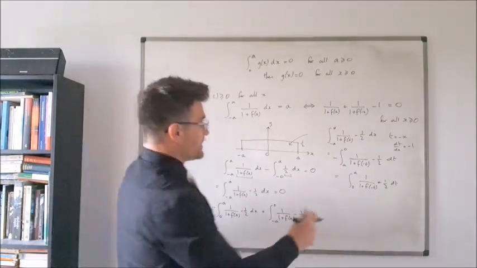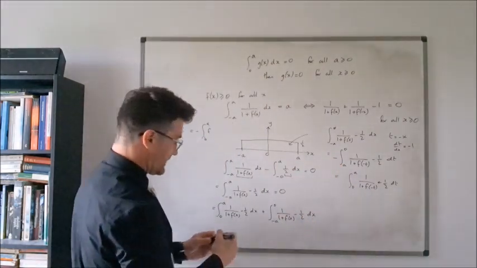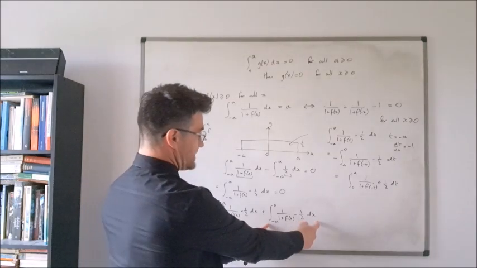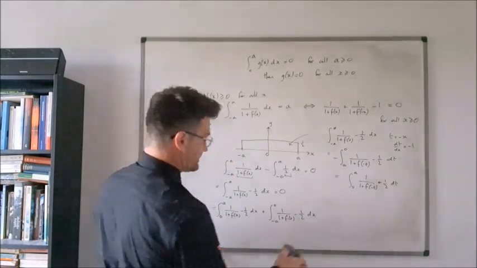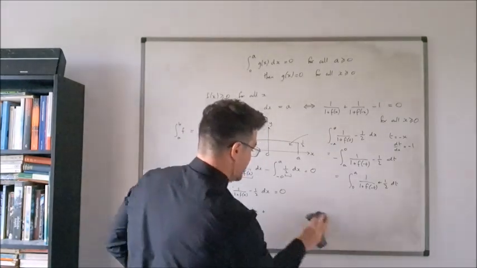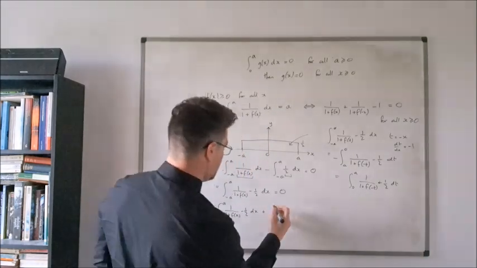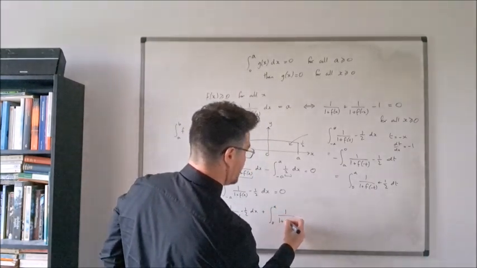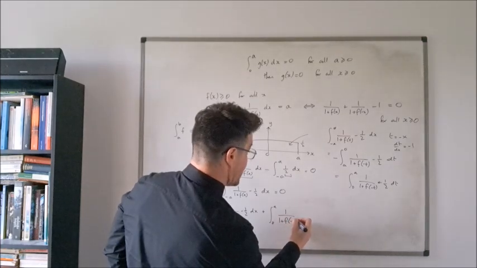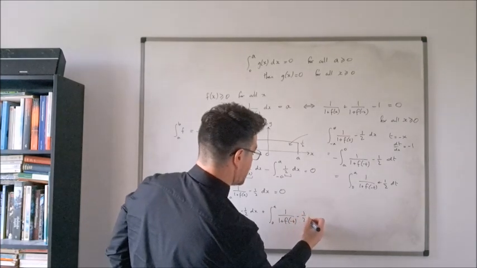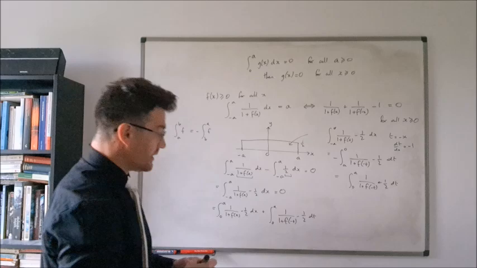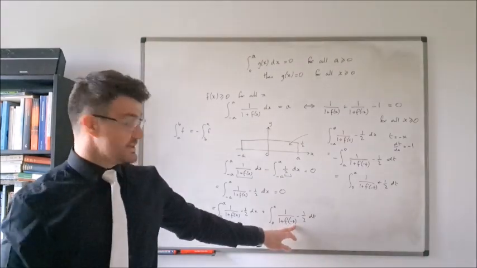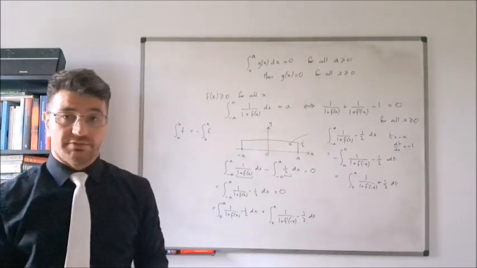Okay? So therefore, this integral here I can replace with this one: the integral from 0 to a of 1 over 1 plus f of minus t minus a half dt. Now the t here is what's called a dummy variable.